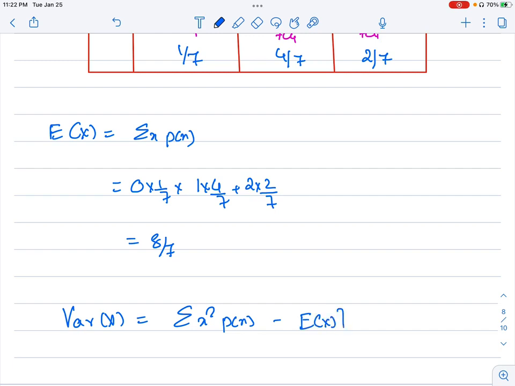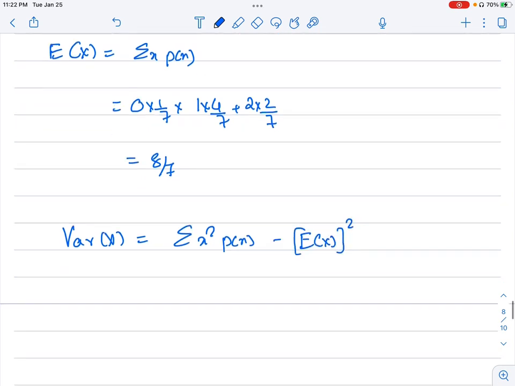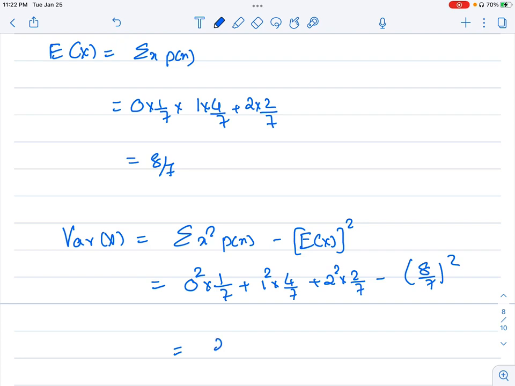So I find the expected value of X squared, which is 0 squared times 1 upon 7 plus 1 squared times 4 upon 7 plus 2 squared times 2 upon 7, minus 8 upon 7 whole squared. Simplify that, and you should get the answer as 20 upon 49.